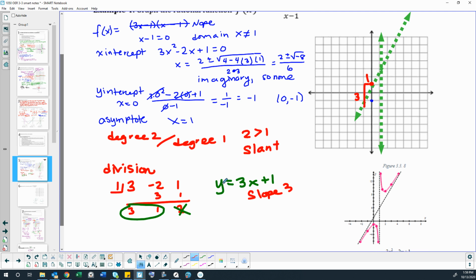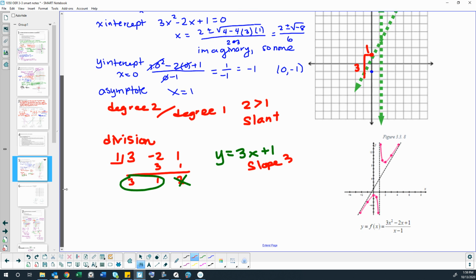So then we would plug in other points just to give us a general idea of where this graph is going to end up. And the result is something like this that's been graphed here with technology to confirm what we have so far. There's our vertical asymptote of 1, our slant asymptote up 1, and then up 3 over 1 for our slope.